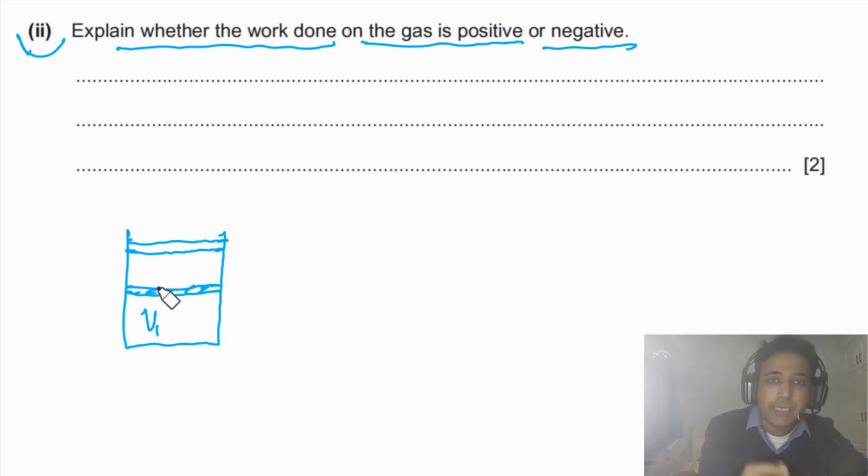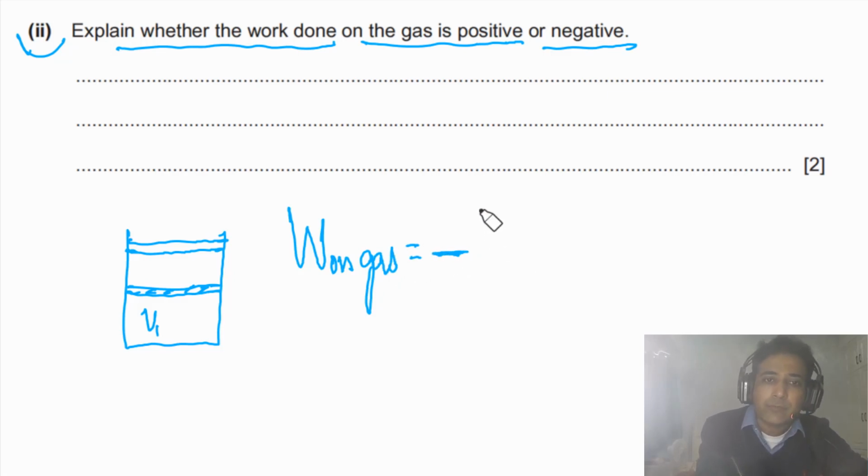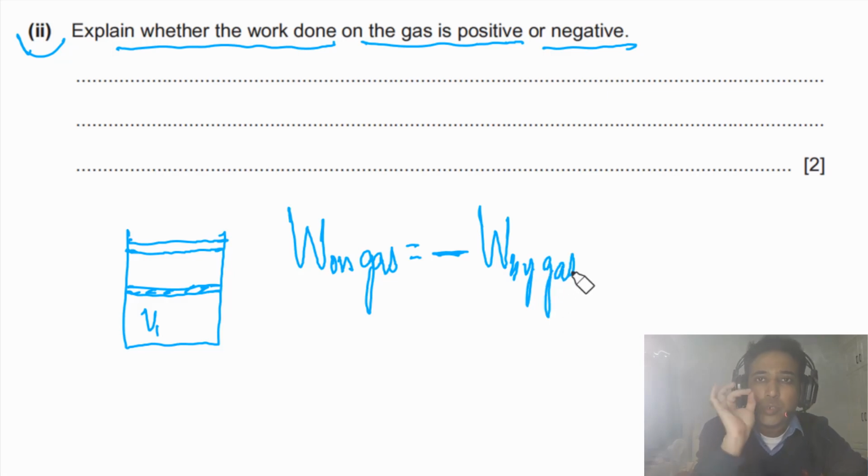So it simply means that the gas is expanding, so the work is done by gas, and work done on gas will be the negative of work done by gas.